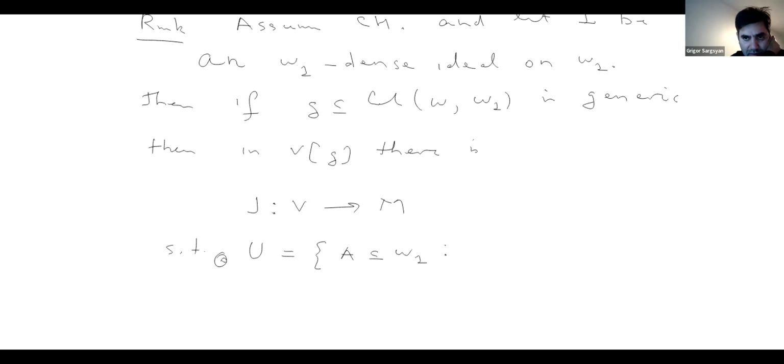And omega 1 is in j(A). U is generic over the forcing with the ideal.